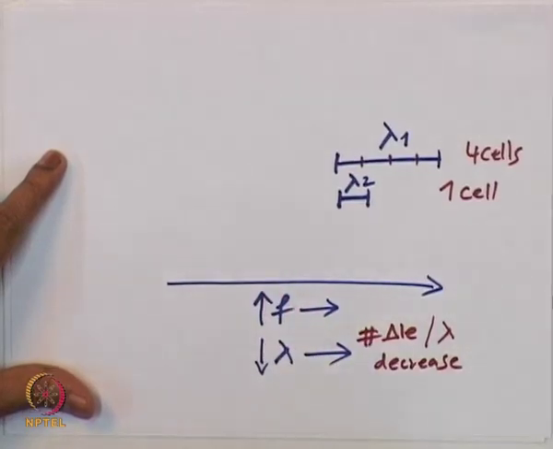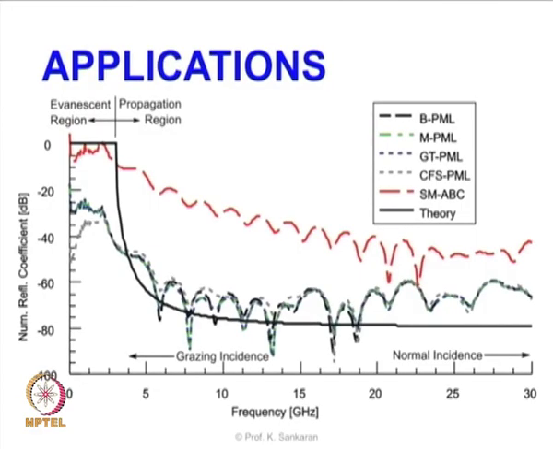But if you see in this slide again, when we are increasing the frequency, what we are computing here is a numerical reflection in decibel. So we are taking 20 log of the natural logarithm and computing it in dB. What you are seeing here is, when you are increasing the frequency, the black line is the line for theory.